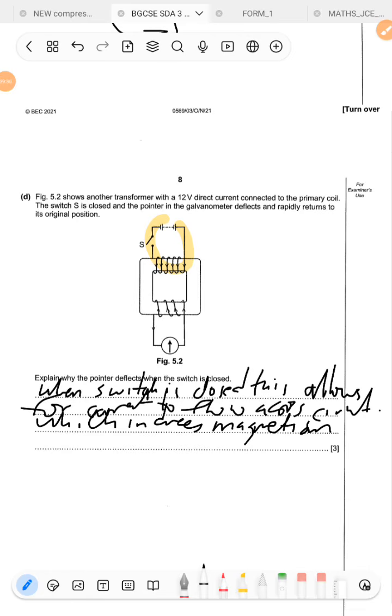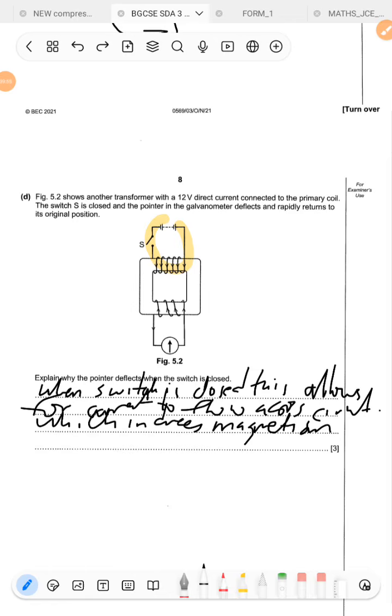Okay, so it induces what? It induces magnetism on this core here. So it induces magnetism on that core.